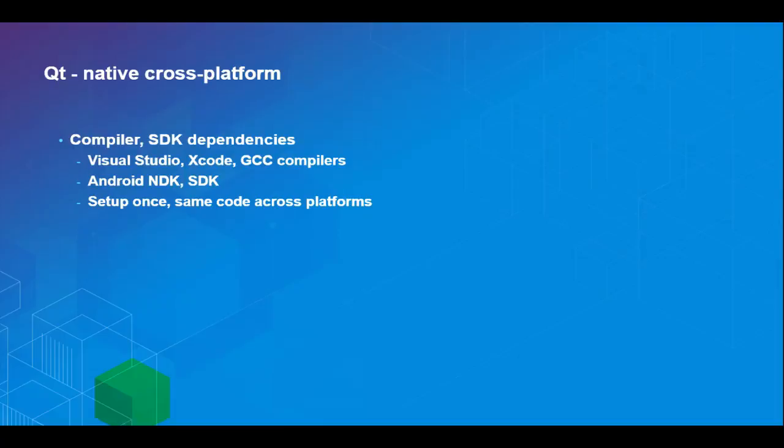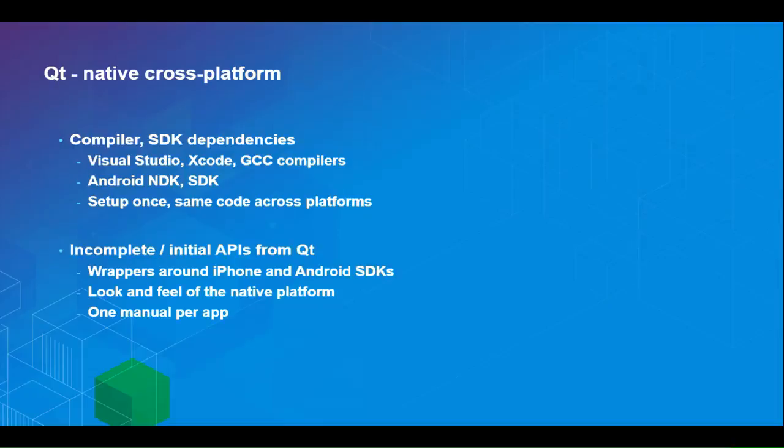But the good news is once you get this all set up, you're still using the same code across all the platforms for QML, but there is quite a bit of setup time involved. The good news is we have that all well documented on our website on how to get all set up with those different compilers.